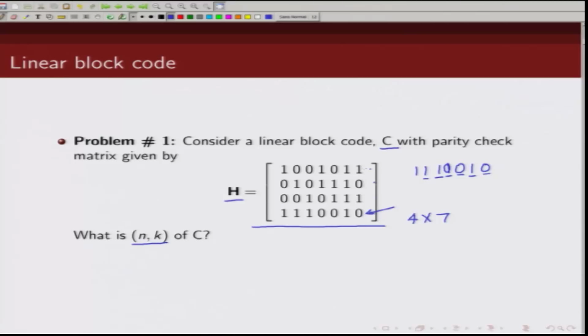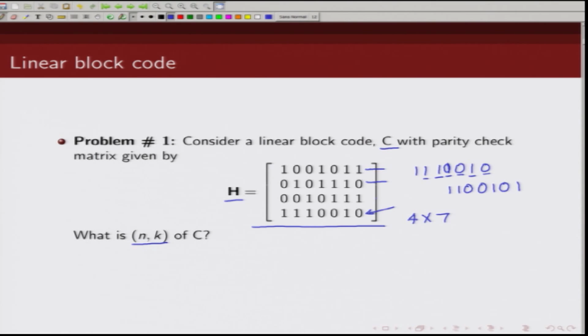So, let us see if any 3 rows combination add up to 0. Let us consider some 2 rows. This is 1, 1, 0, 0, 1, 0, 1. Now, none of the rows are equal to this, you can see.